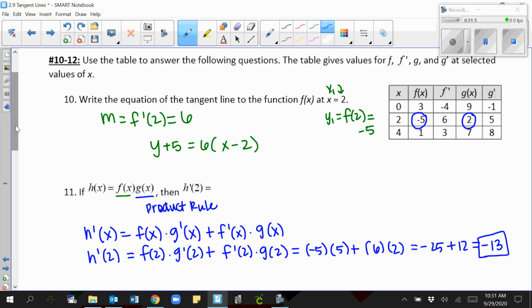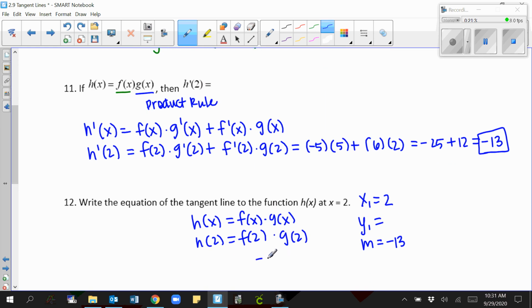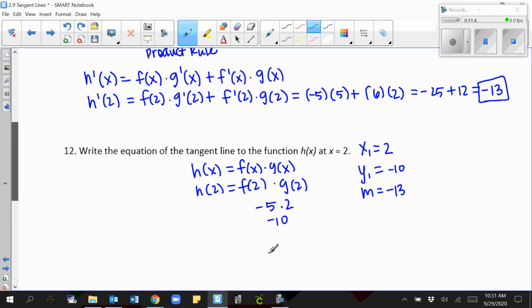So -5 times 2 gives me -10. So let's put that all into our point slope form. So y minus y1, so y plus 10 is equal to m, so -13, times x minus x1, which is going to be 2.